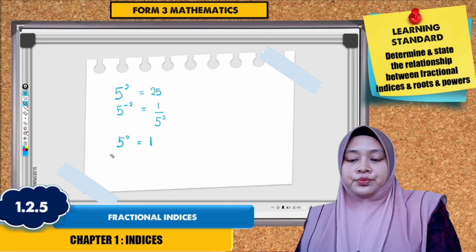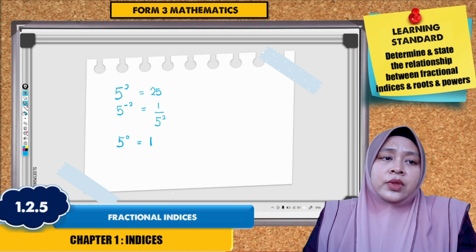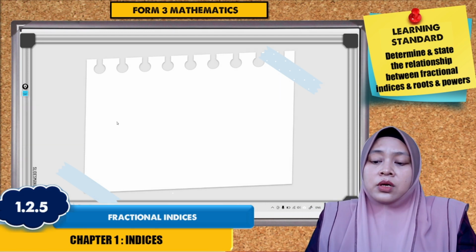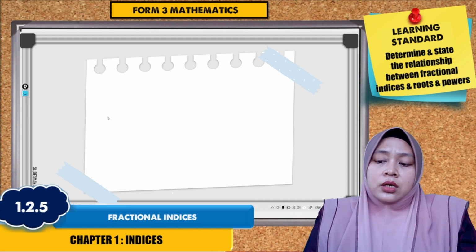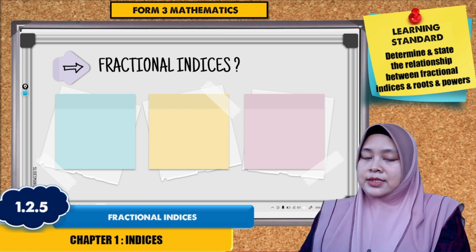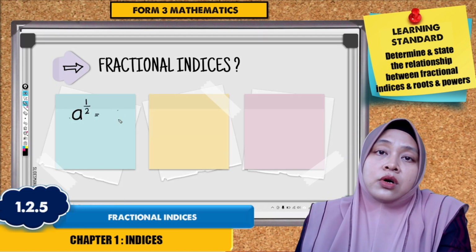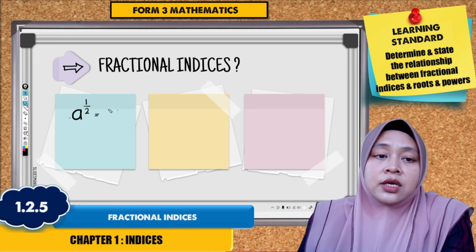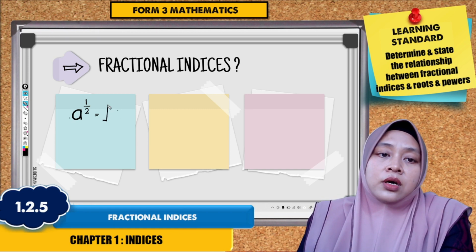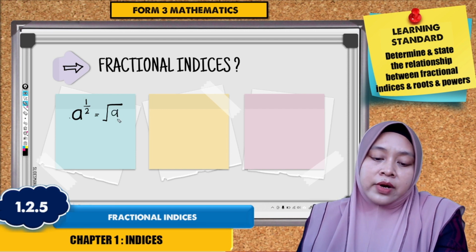Now today we will go further and explore fractional indices. First, a to the power of 1/2 has the same value as square root of a.